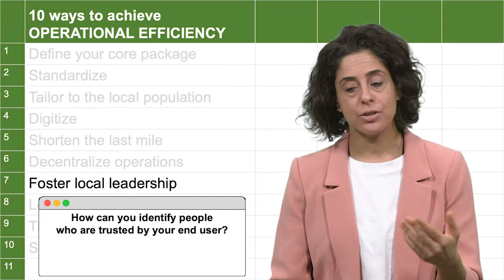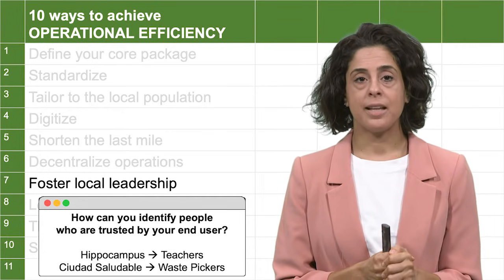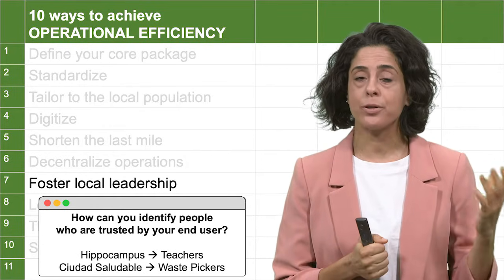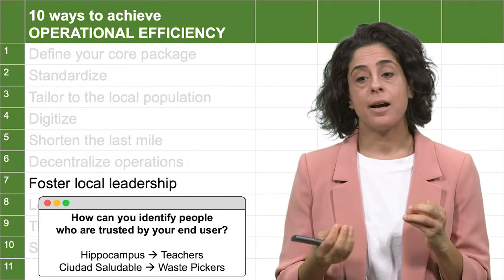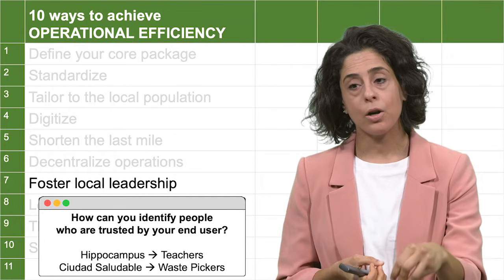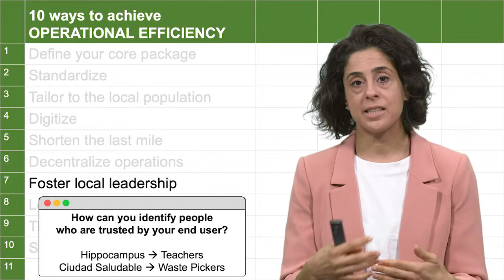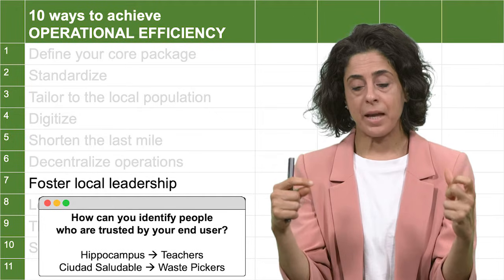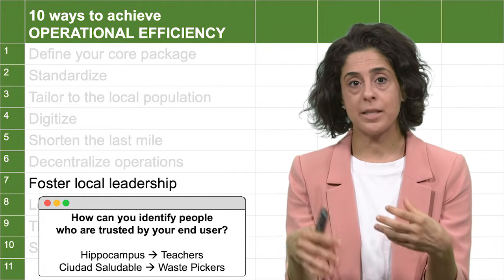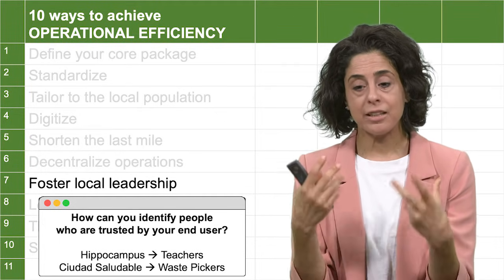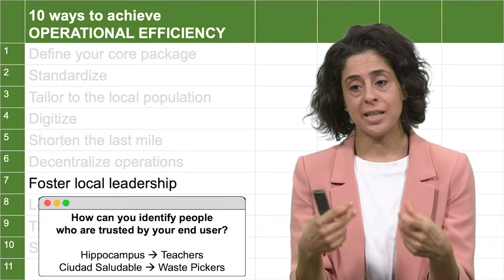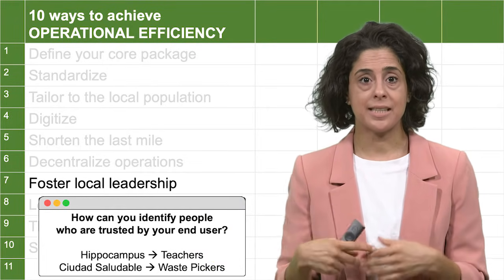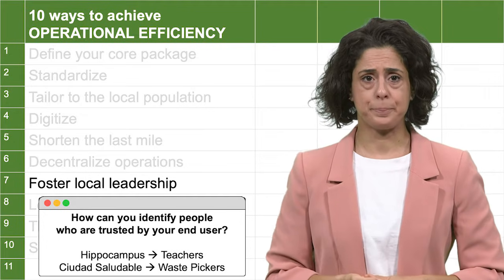So like the teachers that Hippocampus hired, like in Ciudad Saludable that we met earlier, where Albina Ruiz identified people who were already rolling up their sleeves, heading to those waste mountains and organizing themselves as waste pickers. And so she identified the local leaders and entrepreneurs and helped support them to become service providers. So that's an example of fostering local leadership.